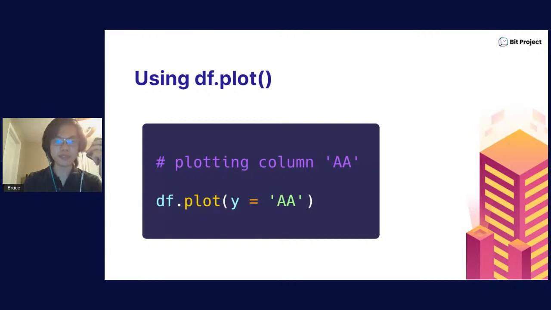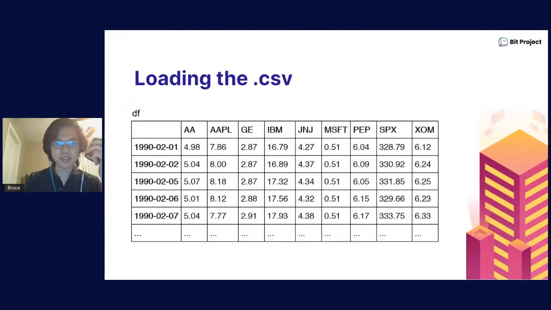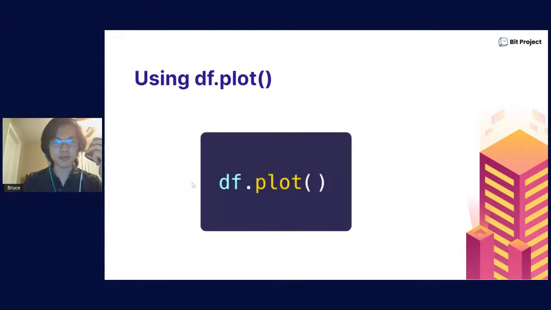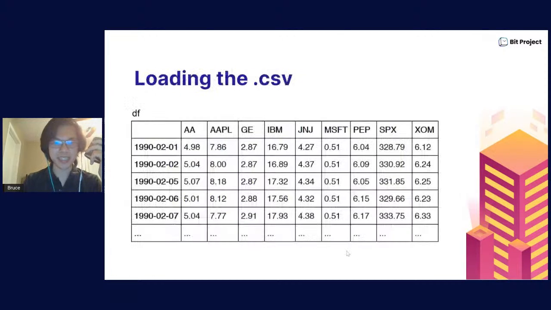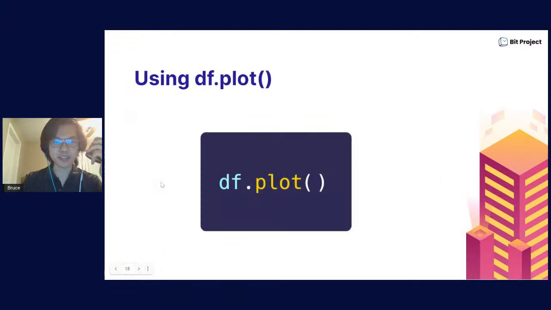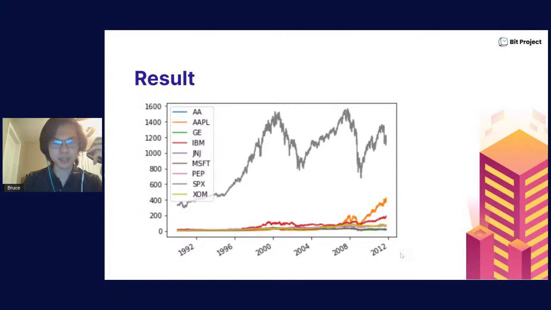What if we want to plot a specific column, right? So what if we only want to plot the values from the AA column? Oh, I should mention, when we call df.plot, the x-axis is going to be the index, right? And it recognizes that the x-axis is dates, so it just gives us the dates going forward.